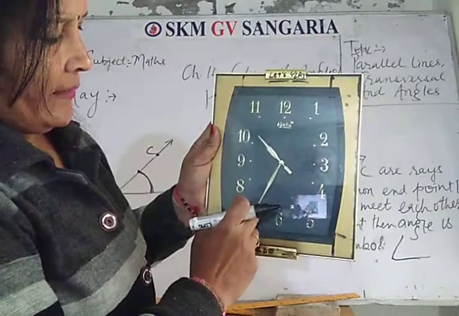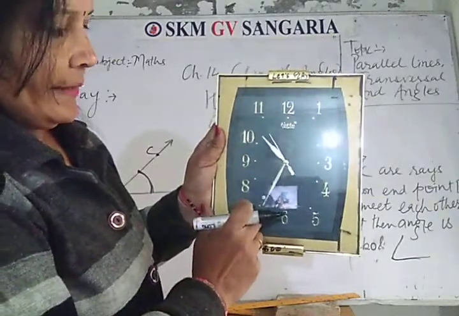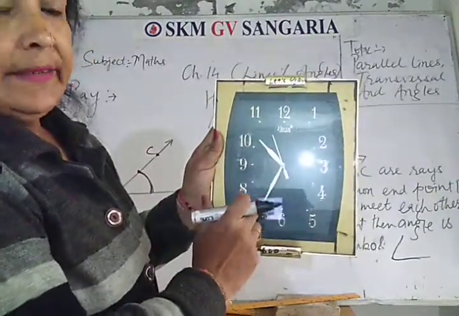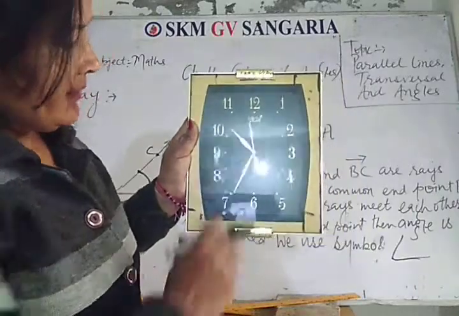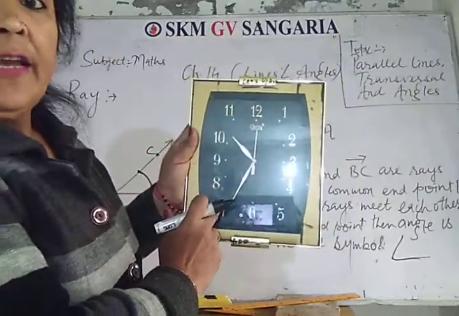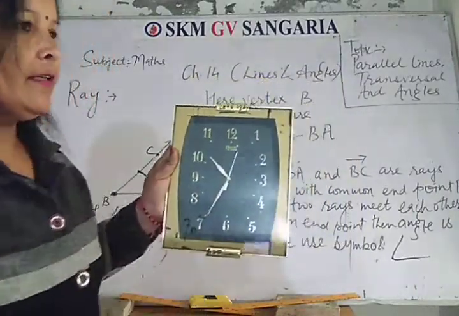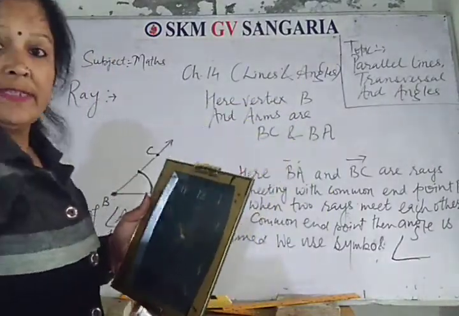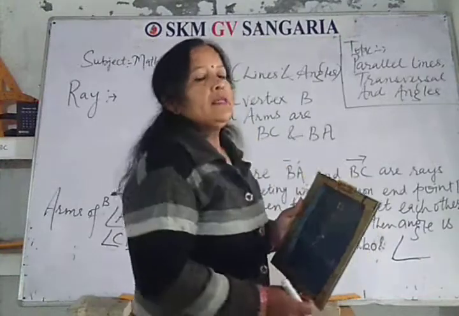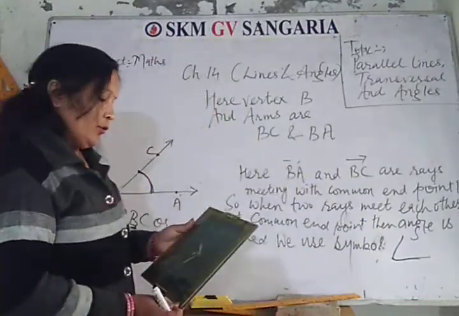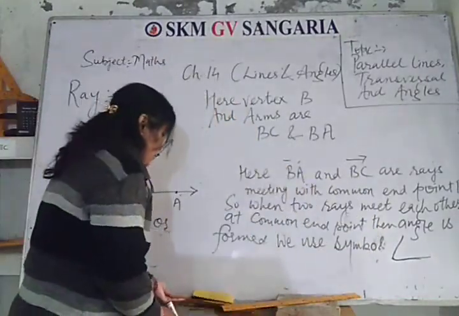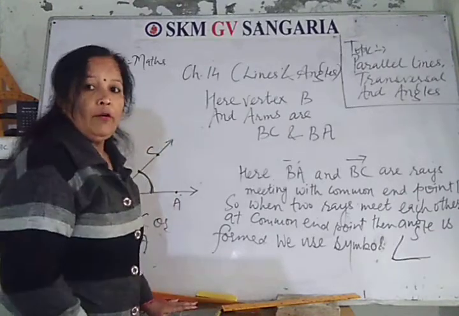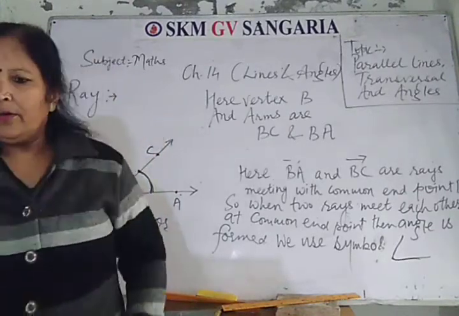Both of these hands are making angles. This is also an example of angles. Then you have also seen scissors at your home. That is also an example of angles.